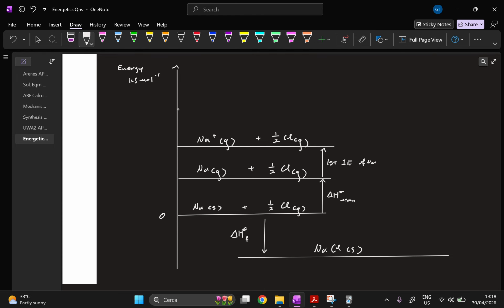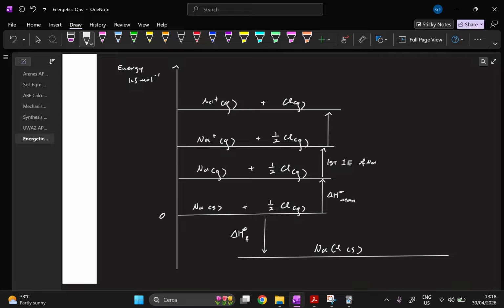So now I have my cation in the gaseous state. Next, I need to have an anion in the gaseous state. So now I will focus on changing my Cl. So this one is unchanged, I just copy over. First thing I need to do is I have half Cl here, right? I want to convert this to just Cl.